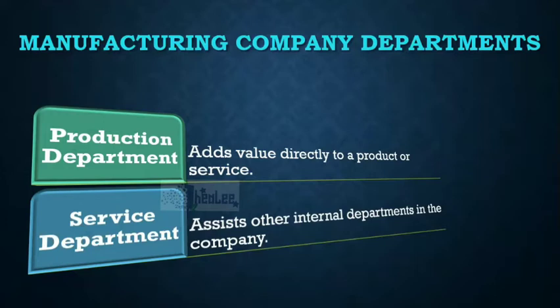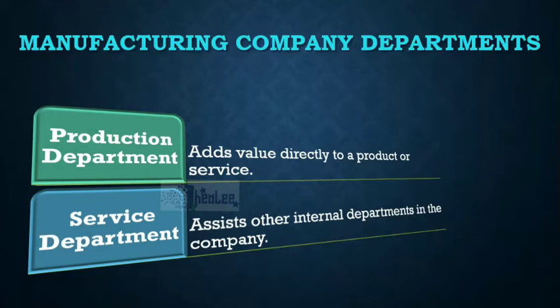Okay, now when we talk about the service departments, they incur costs which must be allocated to the production departments in order to properly cost the products or services produced by the business.